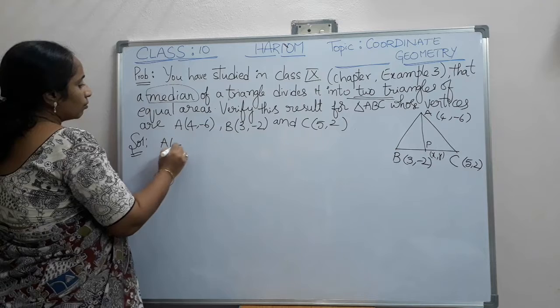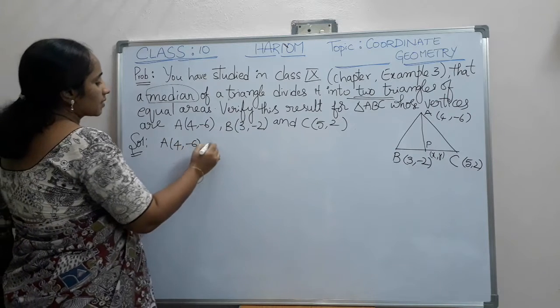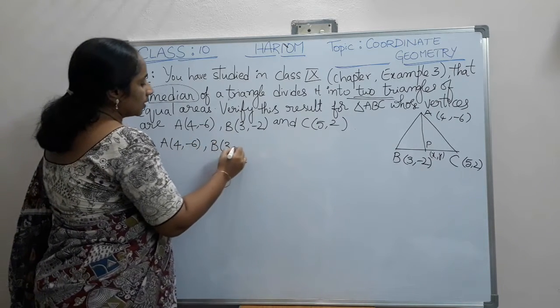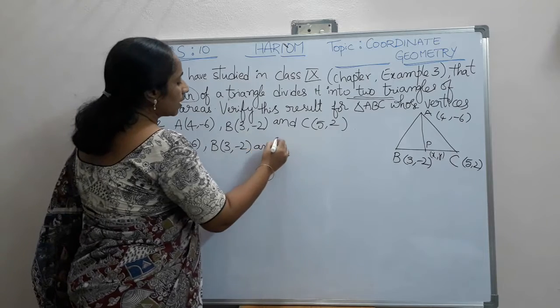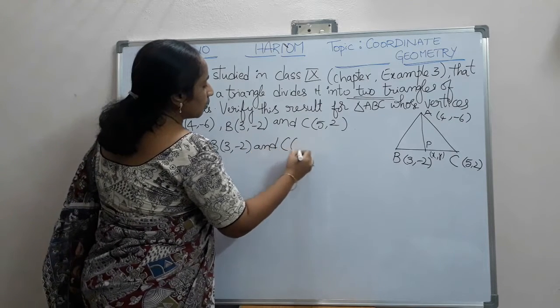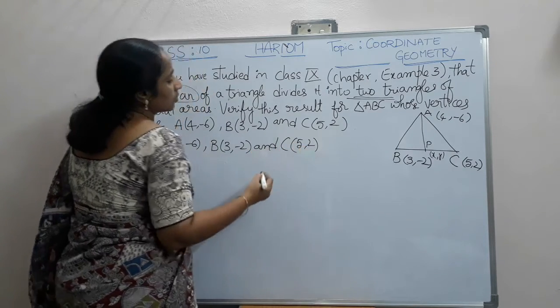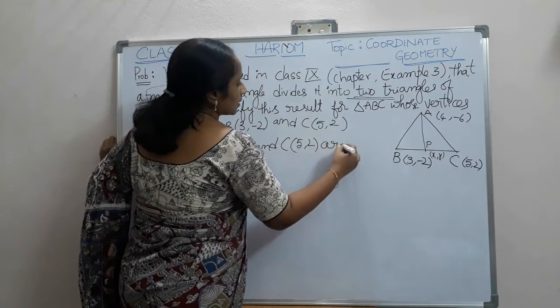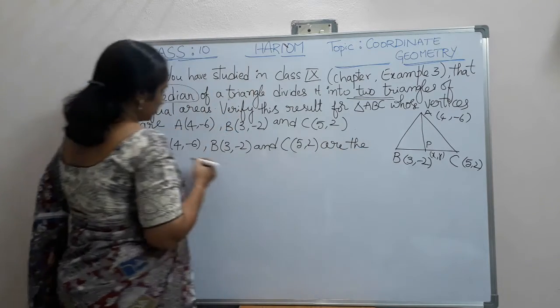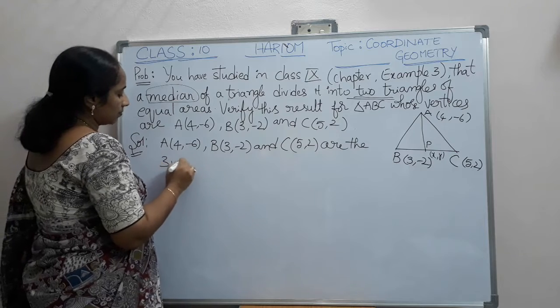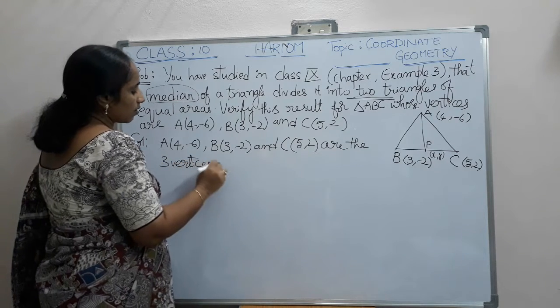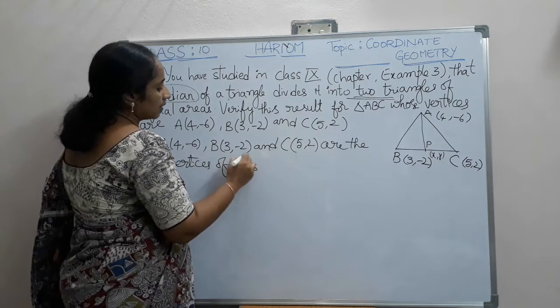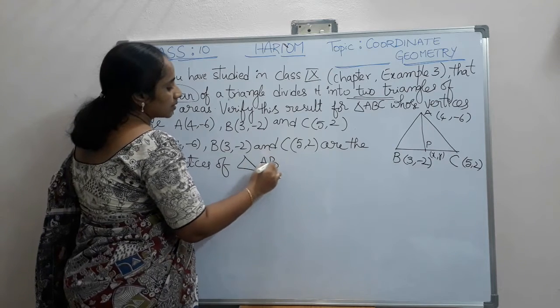A (4, -6), B (3, -2) and C (5, 2) are the three vertices of triangle ABC.